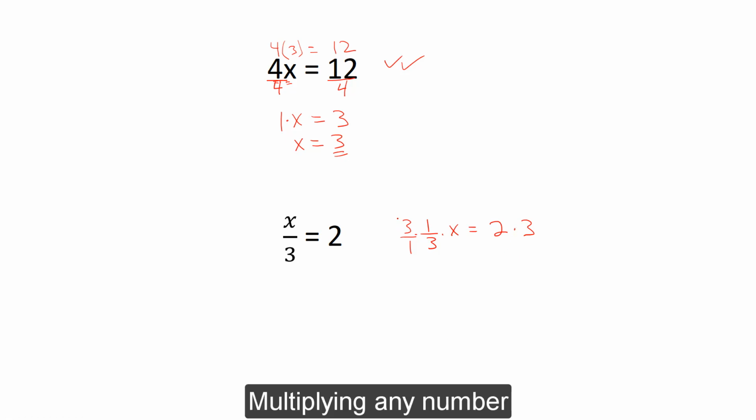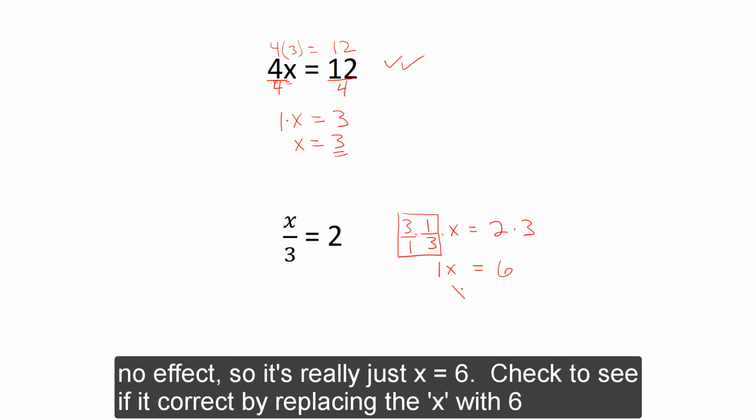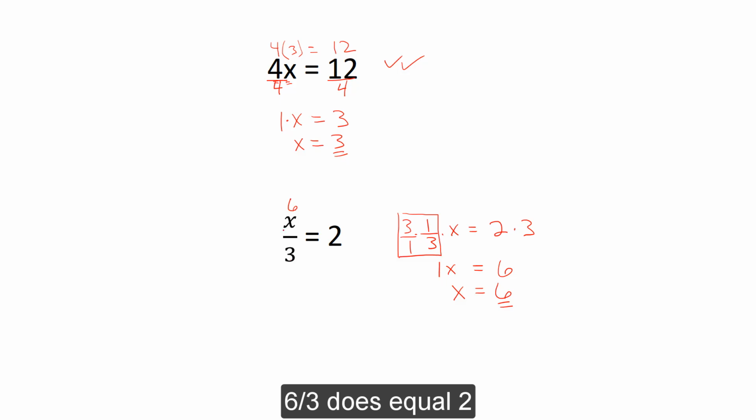We know that multiplying any number by its reciprocal equals 1. So once again, I have 1 times x, or 1x, and 2 times 3 is 6. There's no need to write the 1 because it has no effect, so it's really just x is equal to 6. How do I know it's correct? If I replace the x with a 6, 6 over 3 does equal 2, and so the answer checks.